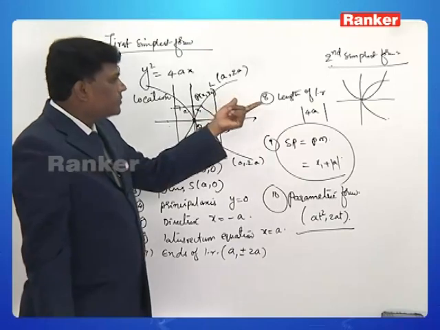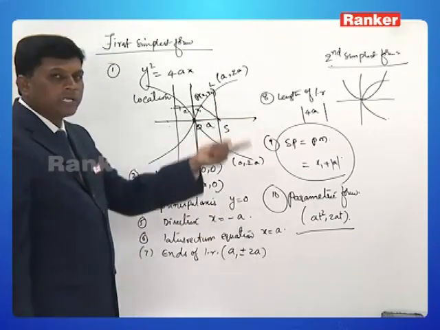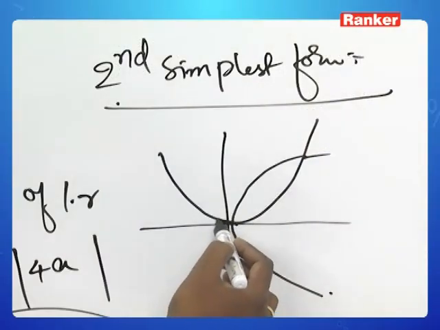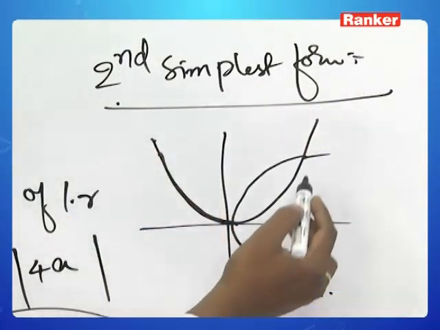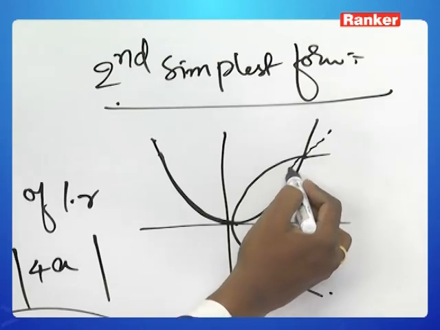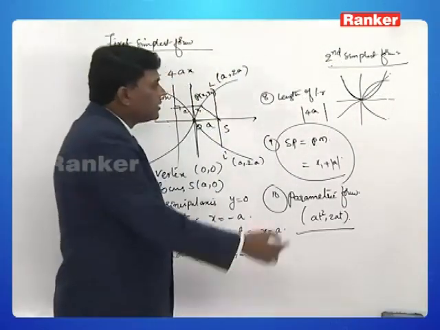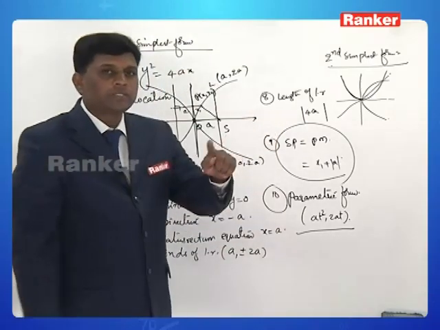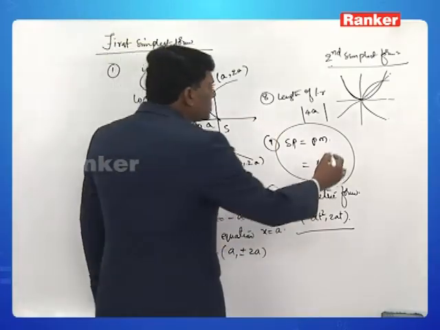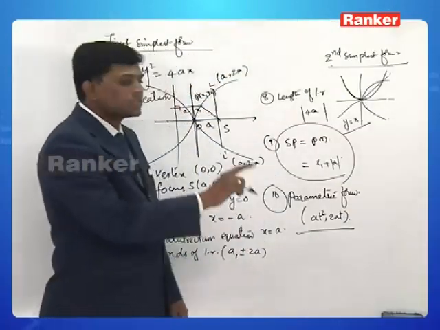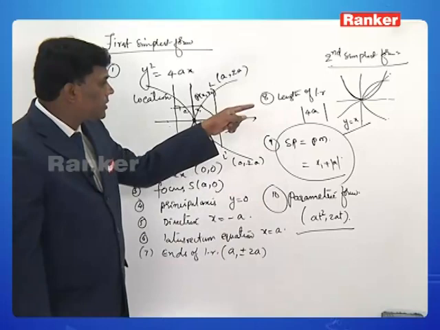We get the second simplest form expanding vertically either upward or downward. If we observe closely, these two curves are clearly images of each other with respect to the line y equals x.